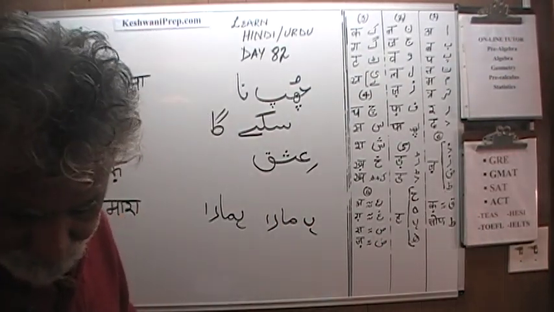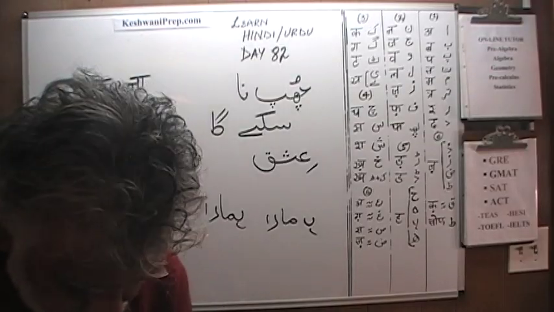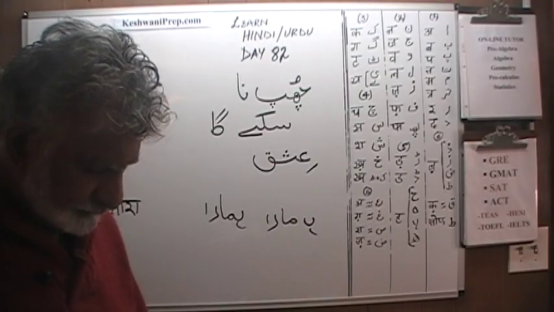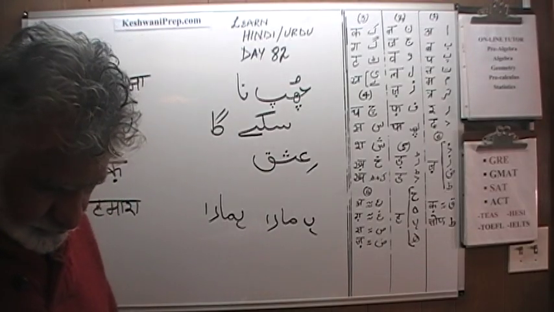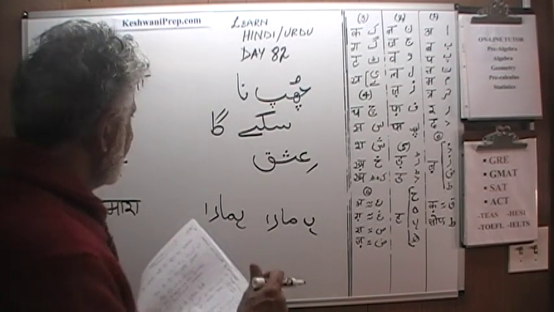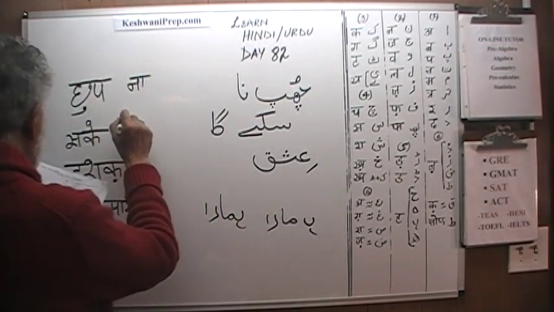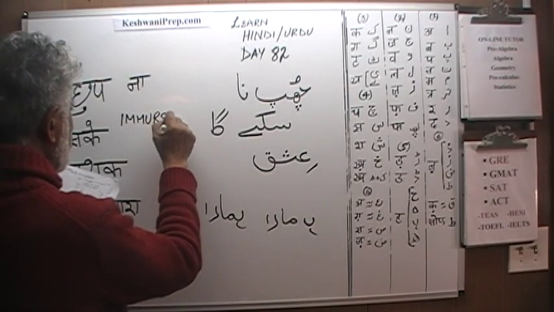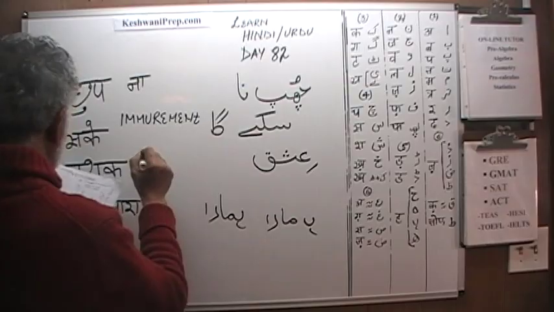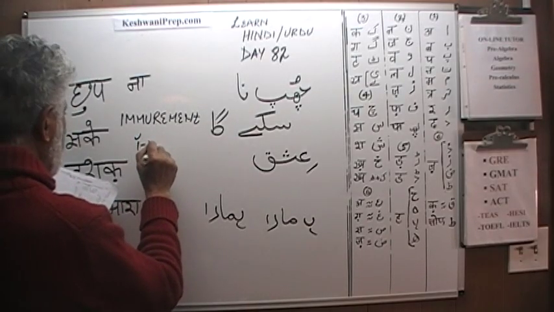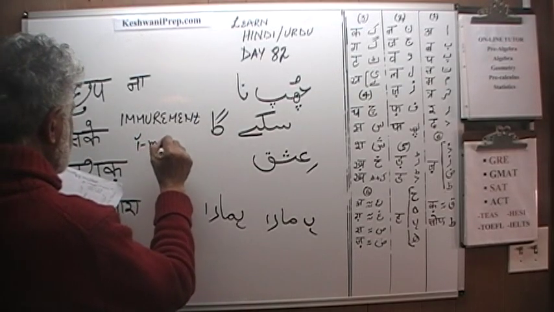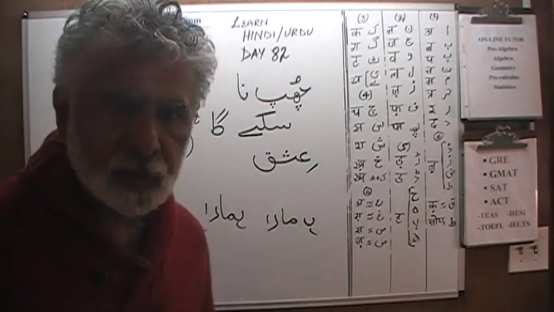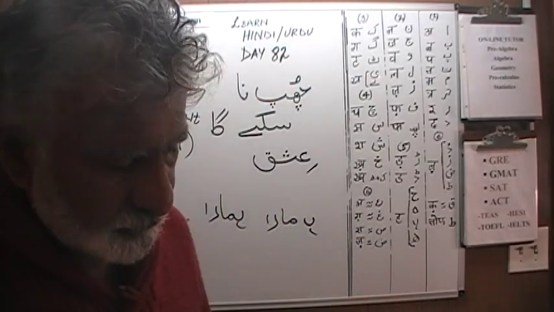Well, I don't know if I want to go there again or not, but he's going to have her, the verb is immure, which is where the English word mural comes from.